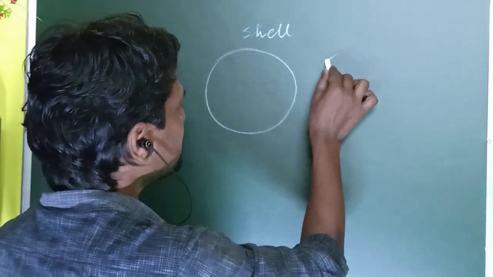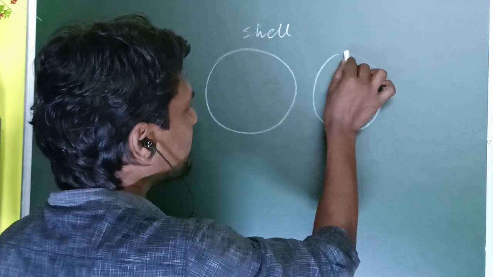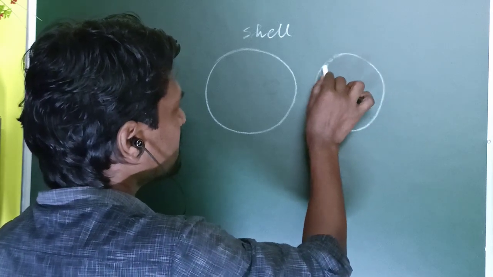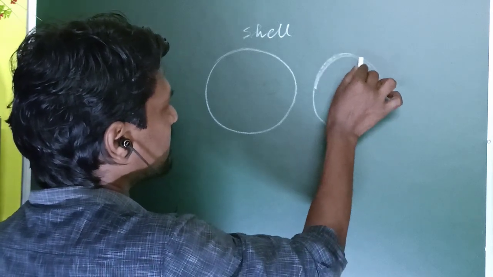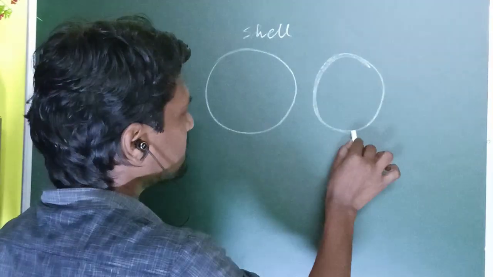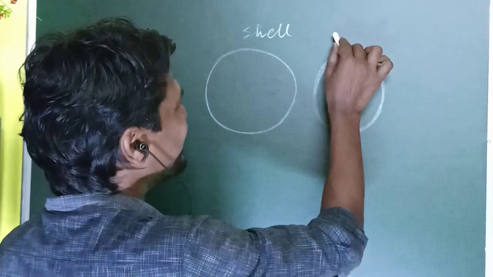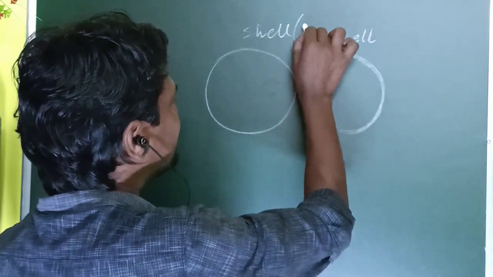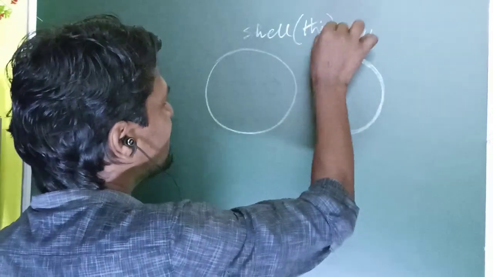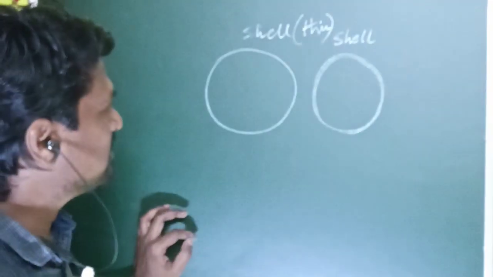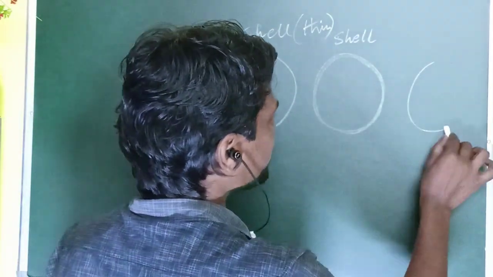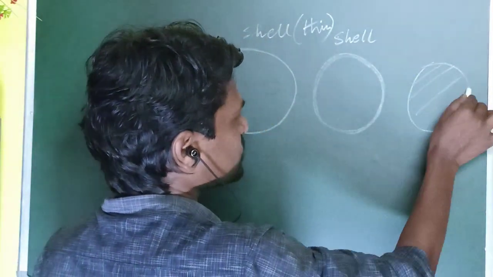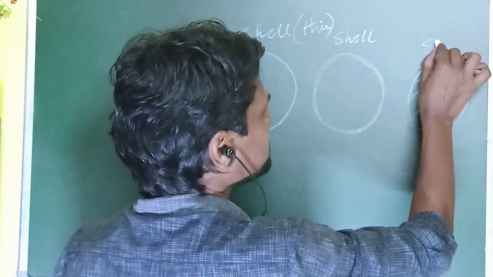And this is also a shell with a layer. So it is also a shell, but not a thin shell. And this is a sphere, a solid sphere.